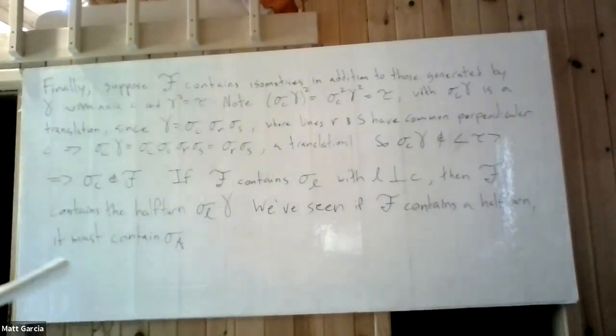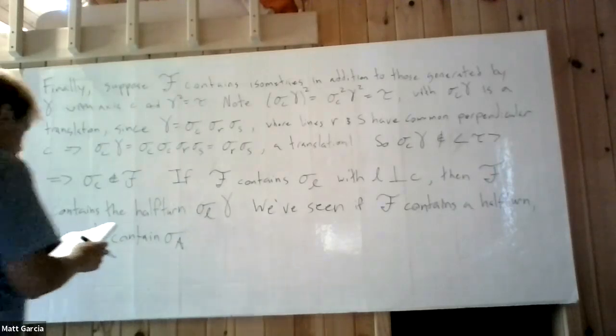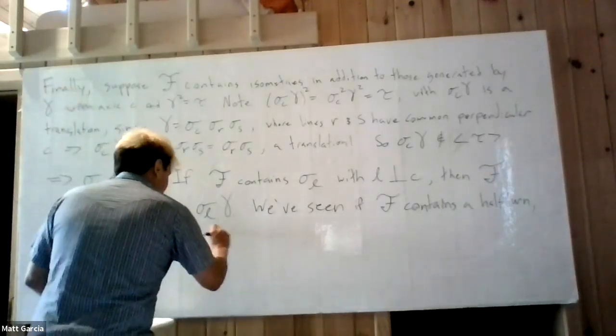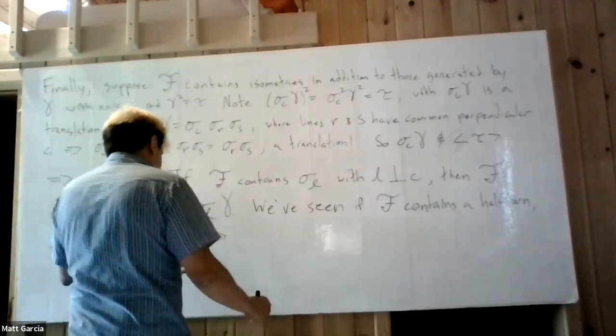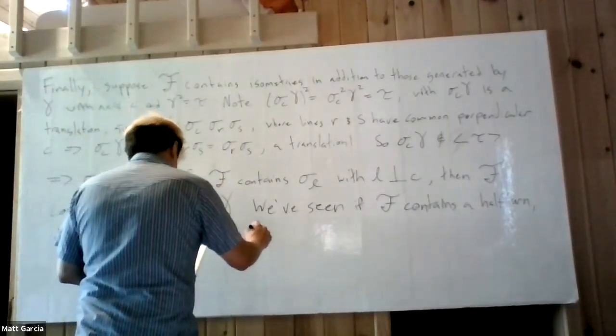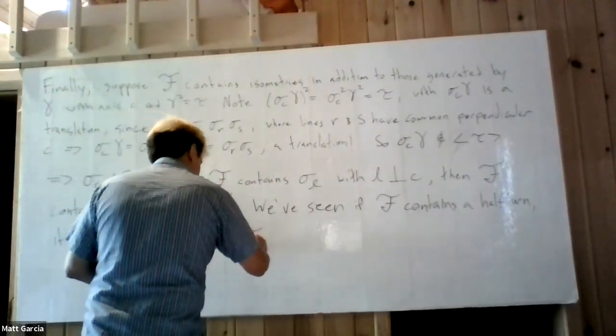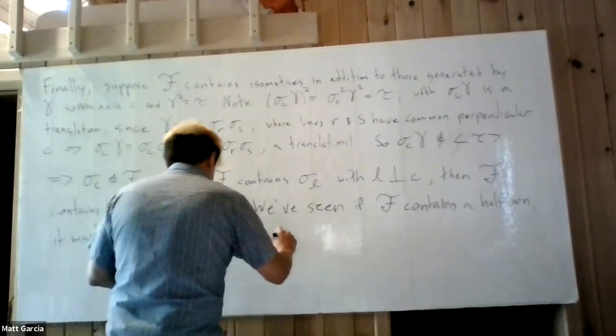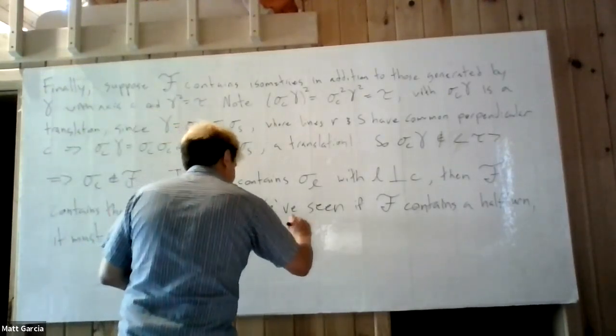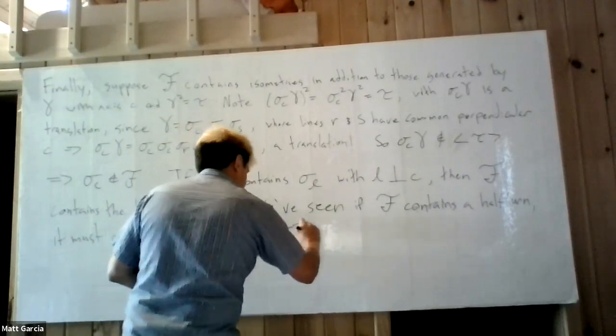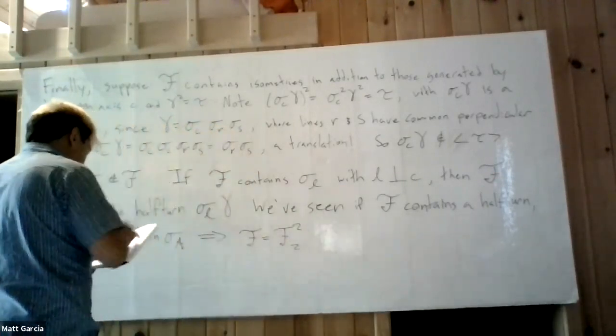Depending on the situation that we're in. Okay, so in this case, we've reduced to F is in fact F22, right?